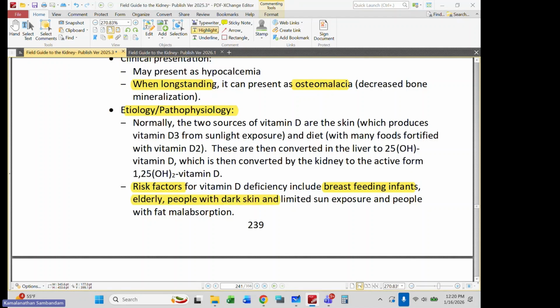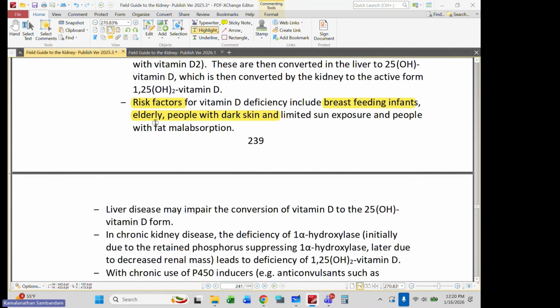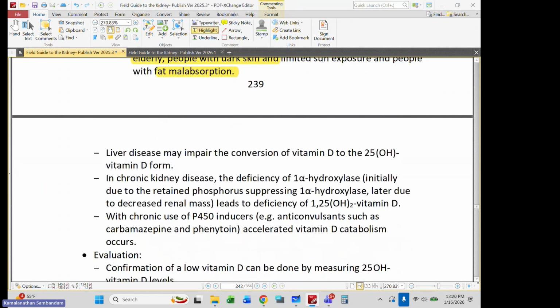Elderly people with dark skin; those are patients that would be at risk for vitamin D deficiency. Vitamin D is a fat-soluble hormone, and so fat malabsorption would also be a risk factor for vitamin D deficiency.